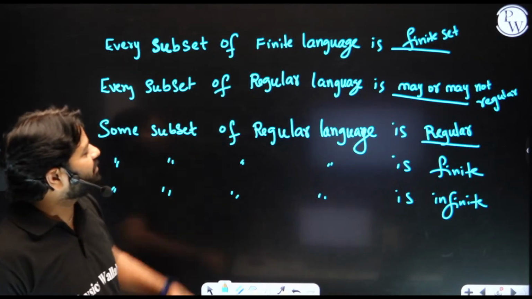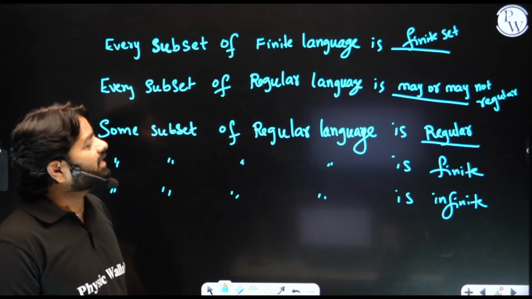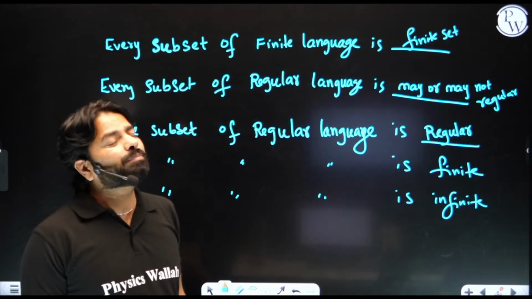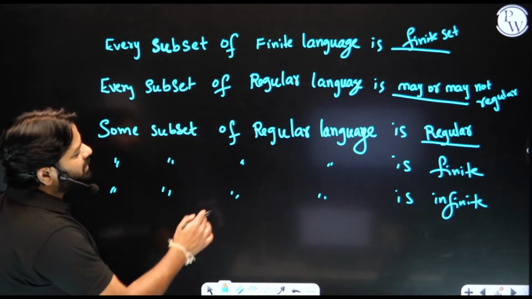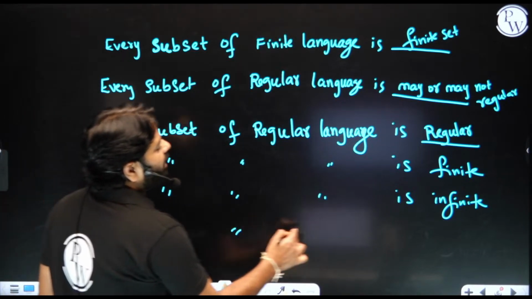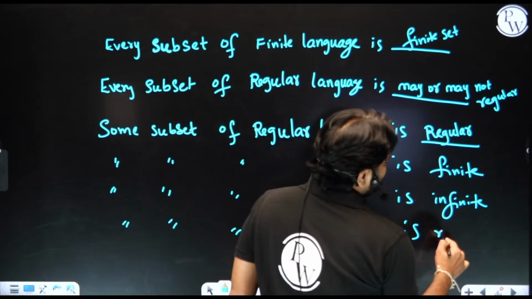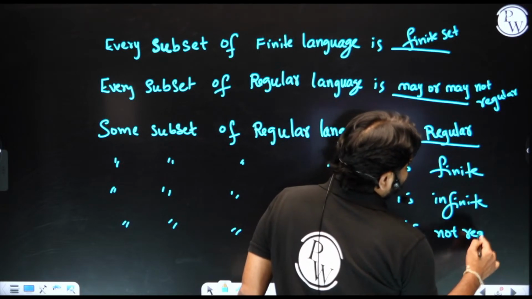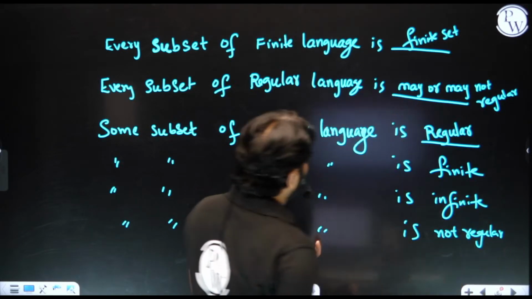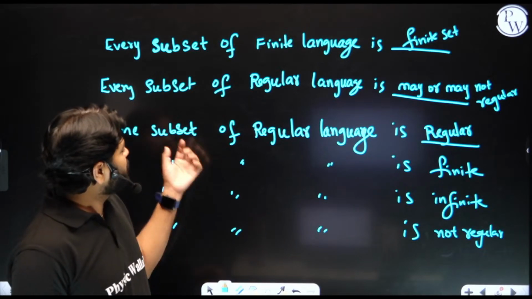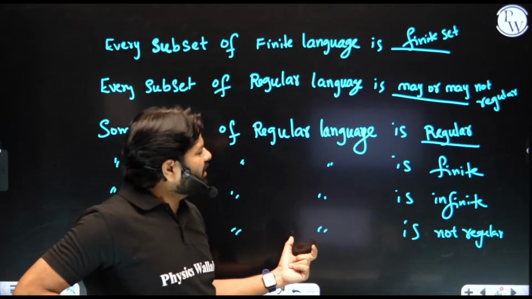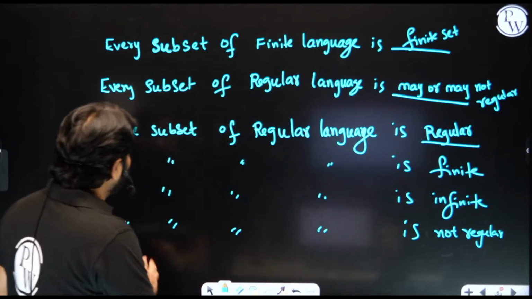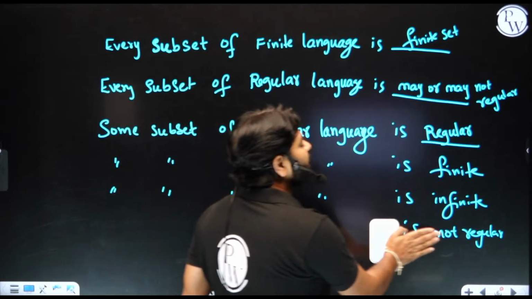I'm talking about this one. Some subset of a finite language is non-regular is impossible, but some subset of regular is non-regular is possible, only when it is an infinite language. So even when you apply this, the statement some subset of regular is not regular could be false, because if that regular is finite, it is impossible.